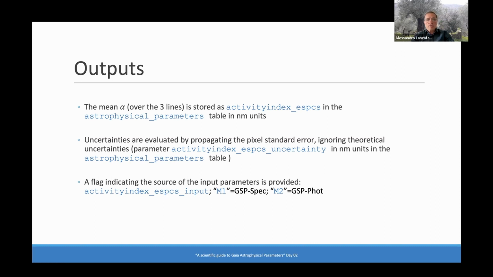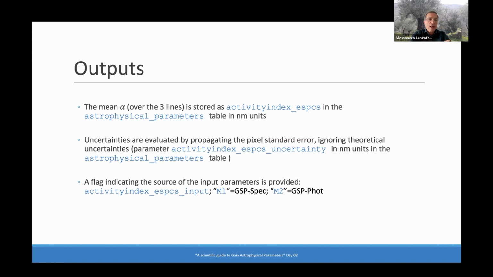We also evaluate uncertainties by propagating the pixel standard error, ignoring theoretical uncertainties. And this is given as the activity index ESP-CS uncertainty parameter, again in nanometer units, and this is present in the astrophysical parameters table.